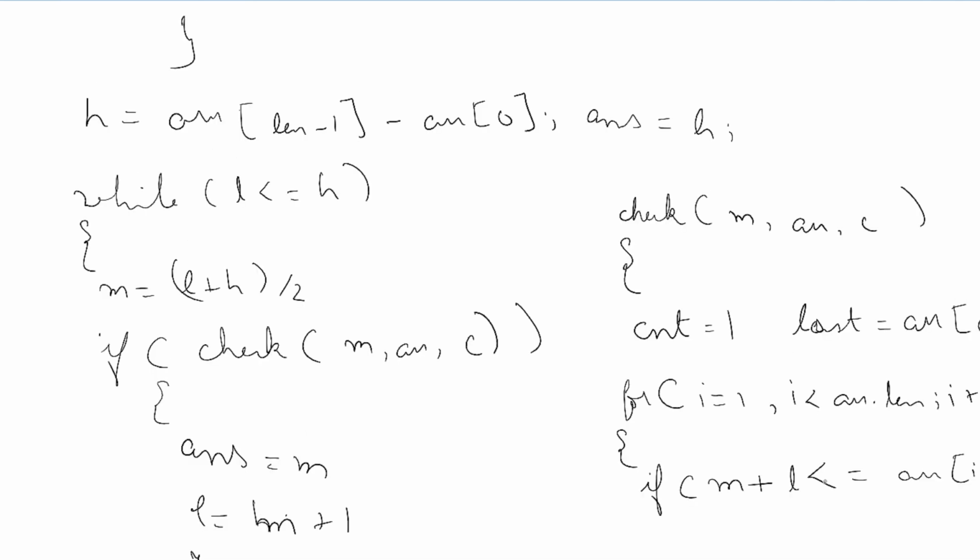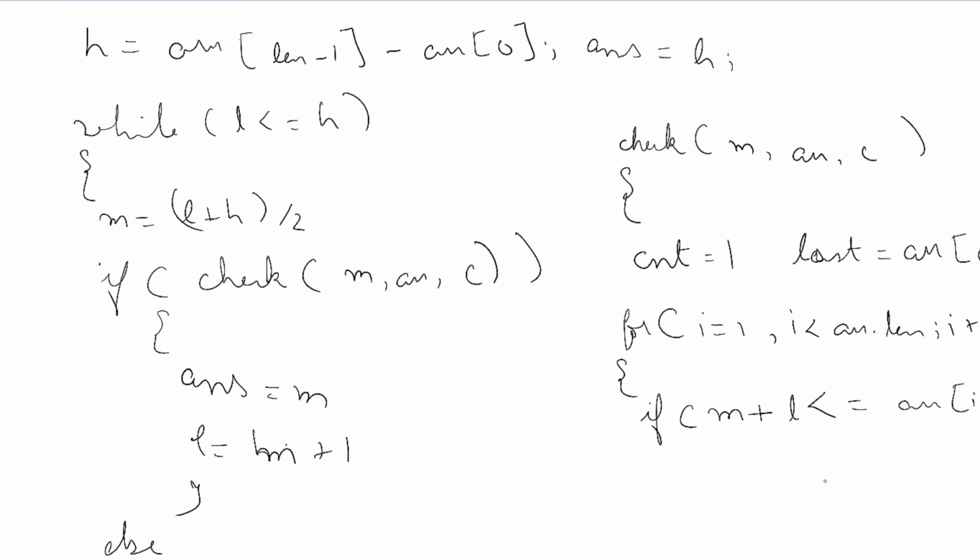If M plus the last position, this is the minimum possible distance between two cows, and the last position, is less than or equal to this current index, which means we can place this cow here. So we will increment the number of cows, and the last position will be updated to arr of i.